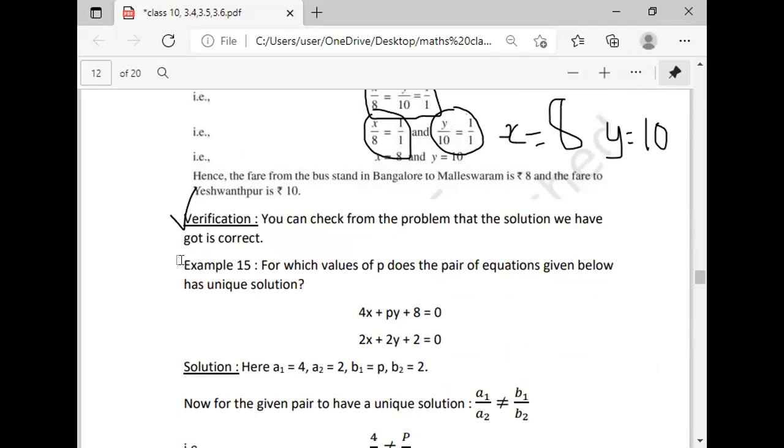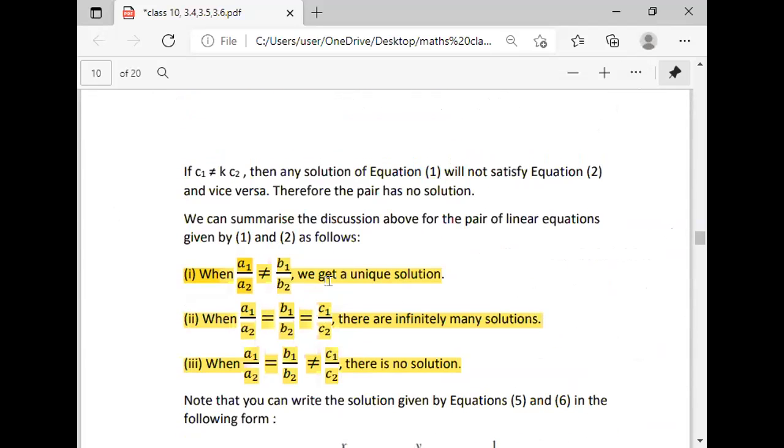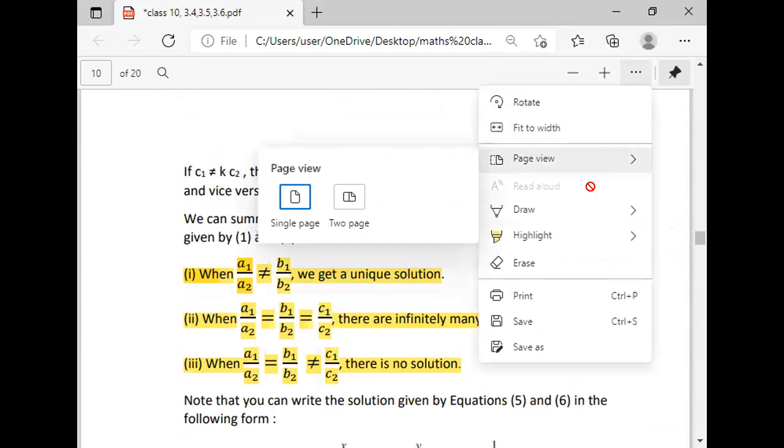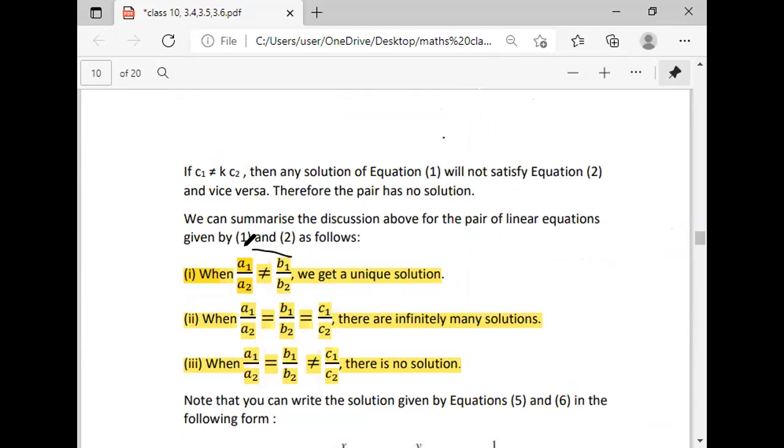Example 15. For which values of p does the pair of equations given below have a unique solution? See, that's why I told you earlier: how will we check that the pair of equations has a unique solution?